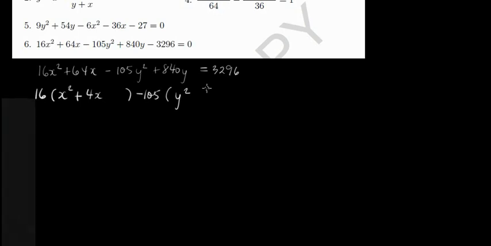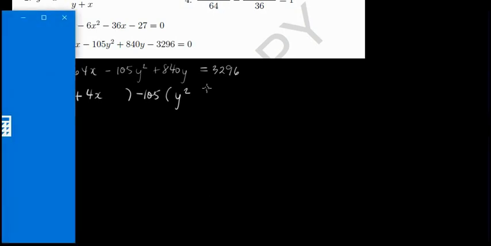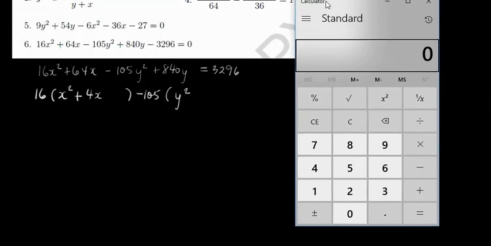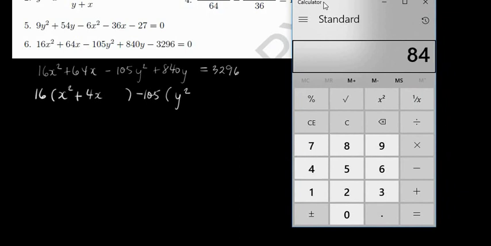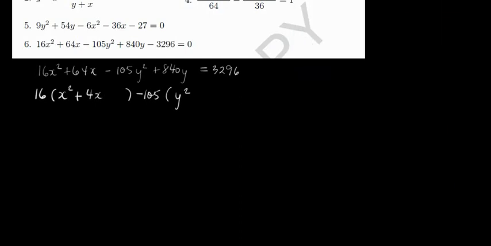Let's get a calculator. 840 divided by 105 is 8. Okay, so we have minus 8y. Oh, bakit minus 8? Kasi negative to. So, para pag dinistribute mo ulit siya pabalik, you will get positive 840y. So, 8y, equals 3,296.